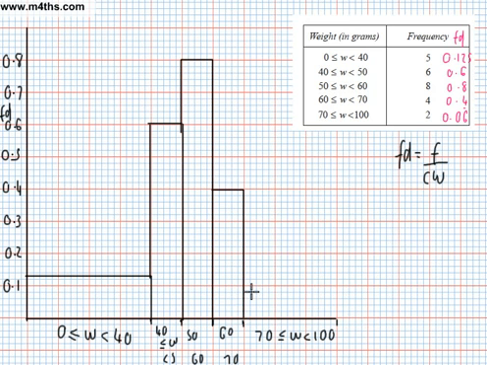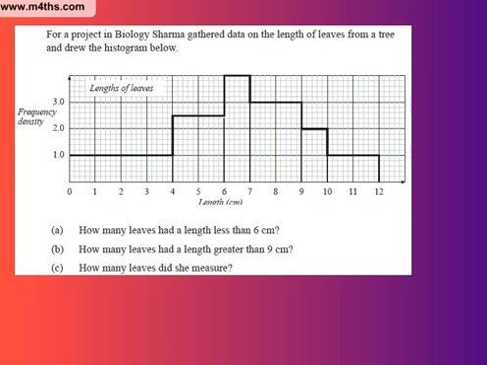And then finally 0.06, which is going to be pretty small, somewhere about there. So there we go, there's our histogram. Here's the class width and here's the frequency density, and we can work from that. So there's how to construct one.